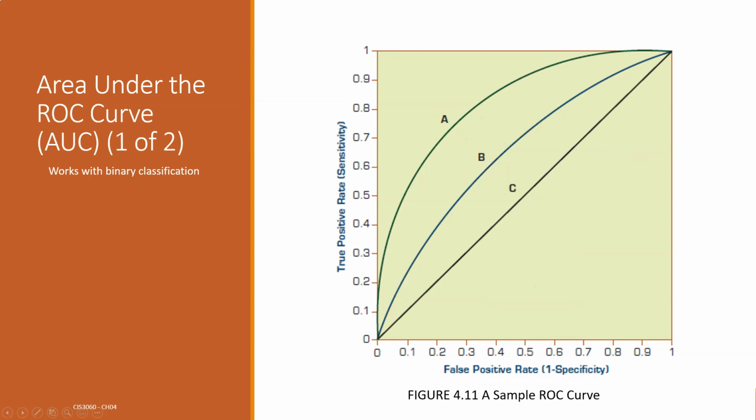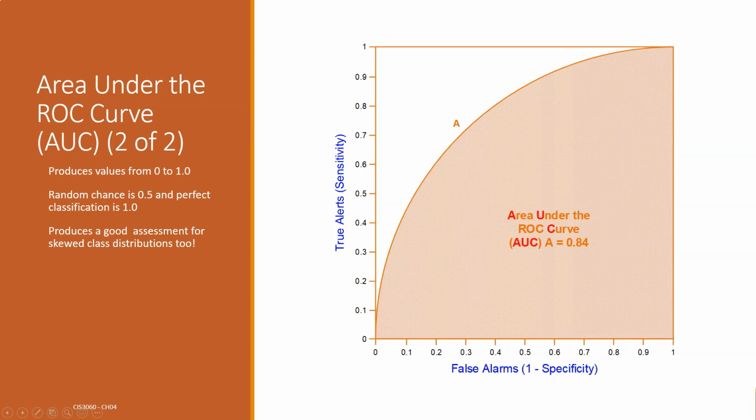So what we want to do is eventually get 100% under the curve, which is near impossible, but you can see how the shape of a curve can identify some kind of idea about how accurate our model predictions are. So you can see in this example, curve A produces an area under the curve of 0.84 or 84%.